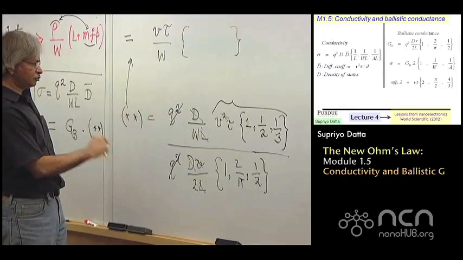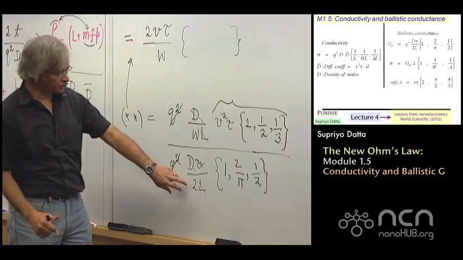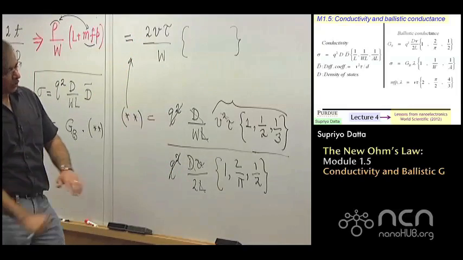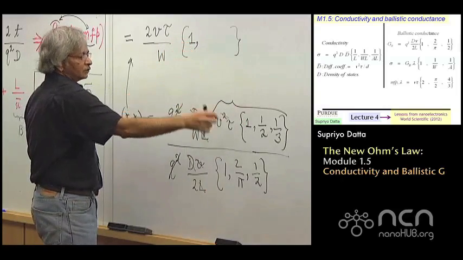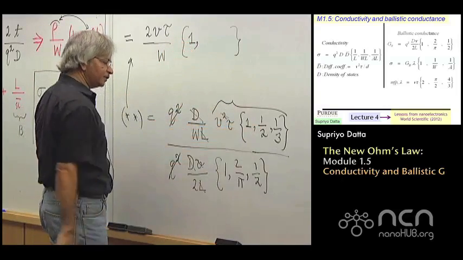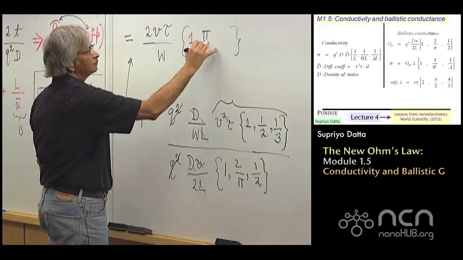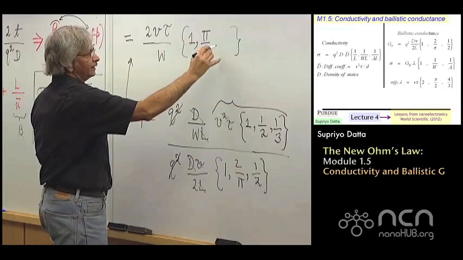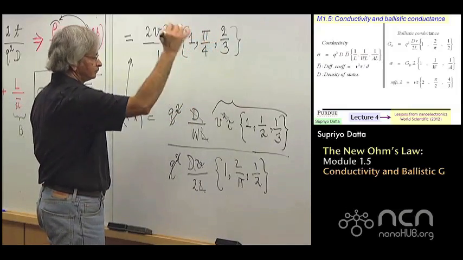Actually, I think there's a 2 there, 2 V tau. There was this 2 from here. So when I divide 1 by 1, I get 1. For 2 dimensions it is half divided by 2 over pi, so that's pi over 4. And then there is the 1/3 divided by a half, which is 2/3.